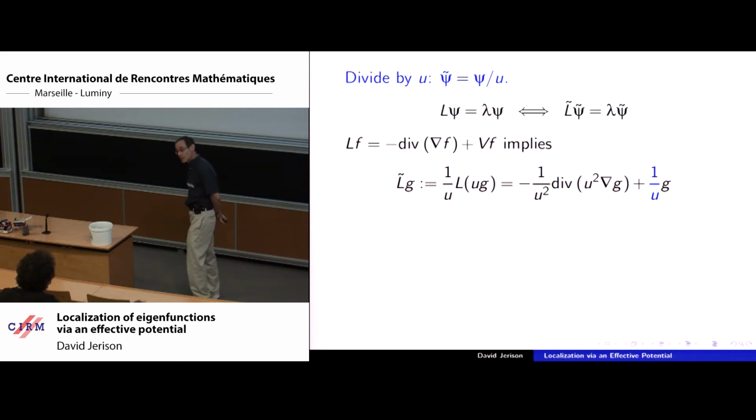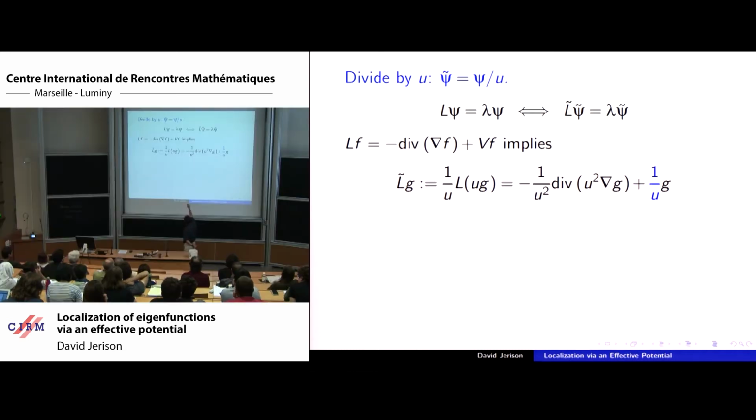This is a standard trick which goes back very far: looking at ratios of functions. And the lucky thing here is that in the context we're considering, when you have a positive bounded potential, you can solve the so-called landscape equation, Lu = 1, and you'll always get a positive u out of it.